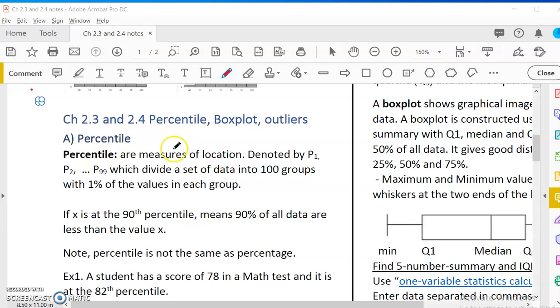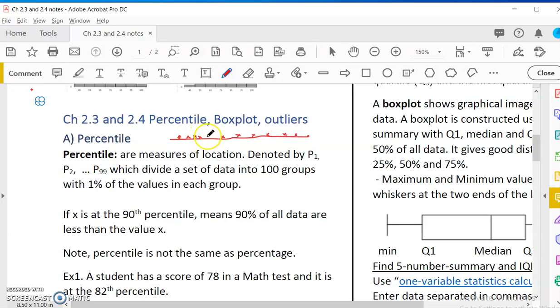So what are percentiles? If you have a lot of data and I use a number line to line them up, I don't stack them up. I arrange them one after the other. Sometimes the data cluster around, sometimes they are evenly distributed. Anyway, just line them up.